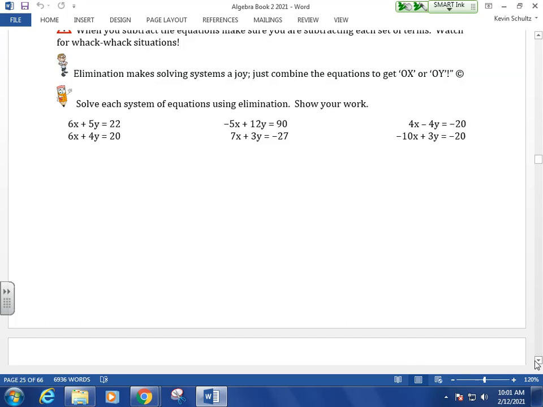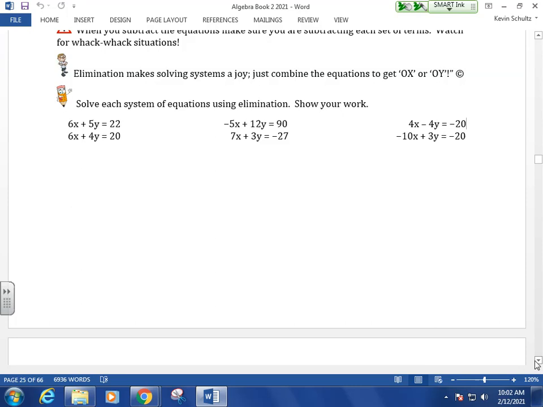All of it. Okay. So here we go. These three here. It says solve each system of equations using elimination. Show your work. This first one, we've got 6x plus 5y equals 22 and 6x plus 4y equals 20. Do we need to do any multiplication here? Why not? Because we already have those x coefficients the same anyway. So if our goal is to get ox or oi, getting ox here is rather simple.